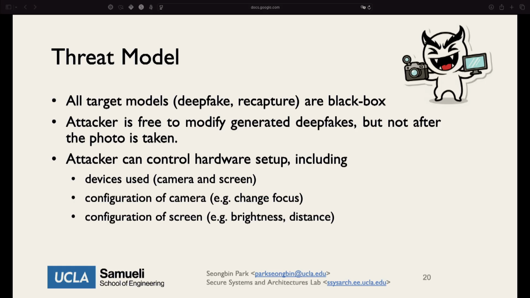That would include the devices used, so the camera that we use to take the picture, and also the screen that we use to display the deepfake image. Additionally, we have control over the configuration of the camera, maybe the zoom or the focus. And lastly, we have control over the configuration of the screen, so how bright the screen is or how far the screen is from the camera.